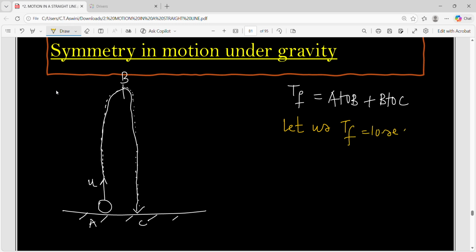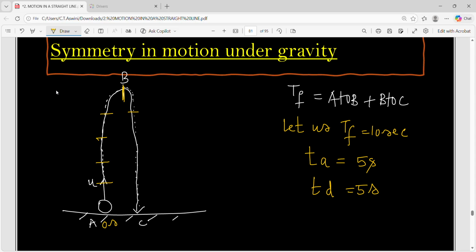So can you tell me now what is the time taken for its upward journey, the time of ascent? It will be 5 seconds. And for its downward journey also, how much time? 5 seconds. It starts at 0 second, 1 second, 2 seconds, 3 seconds, 4 seconds, and at the fifth second, it will be at its maximum height.